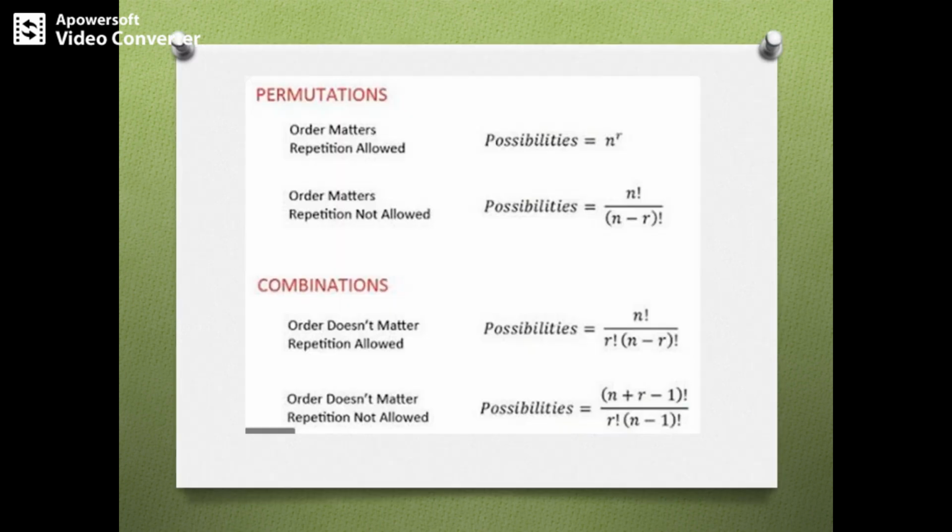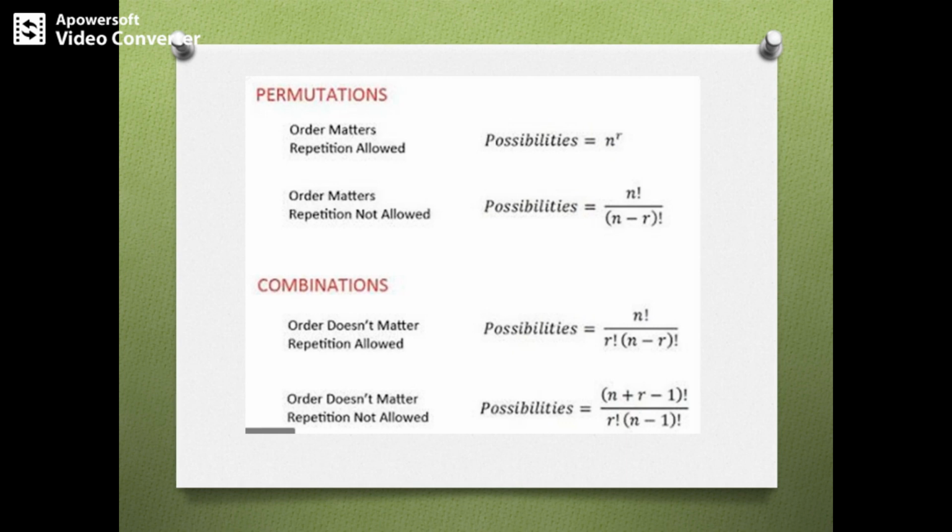In this slide, what you can see is the difference between permutations, which you have already studied in the previous presentation, and the concept of combinations. Permutations just focus on the order or arrangement of the items. In permutations you have two variations: permutations with repetitions, and permutations where repetitions are not allowed.